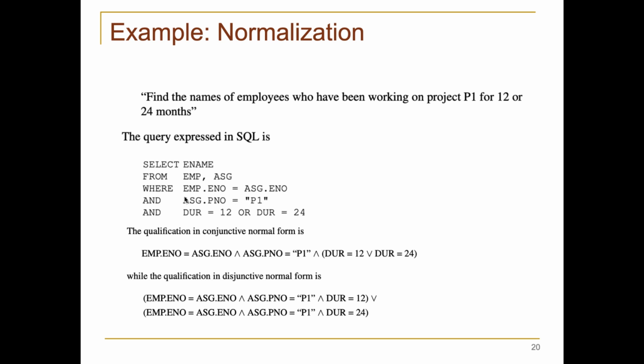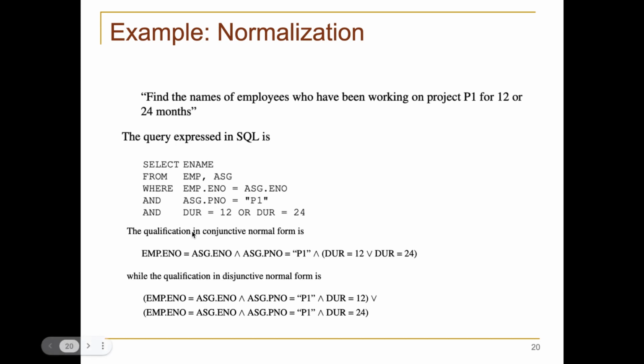So we have, for instance, one attribute, employee.employee number. So employee number of employee relation is one attribute here, and employee number of assignment is also another attribute. We do have project number of assignment and duration as candidates for this selection operation.